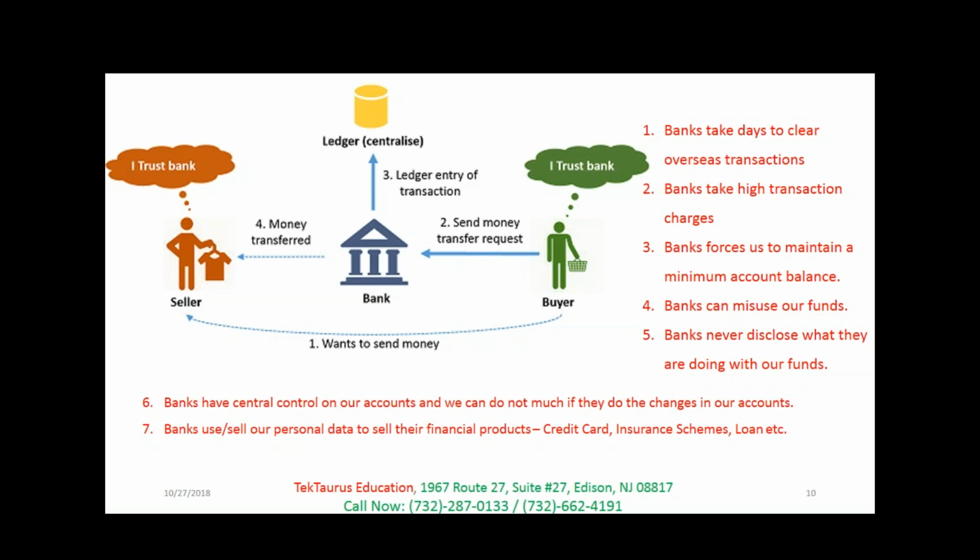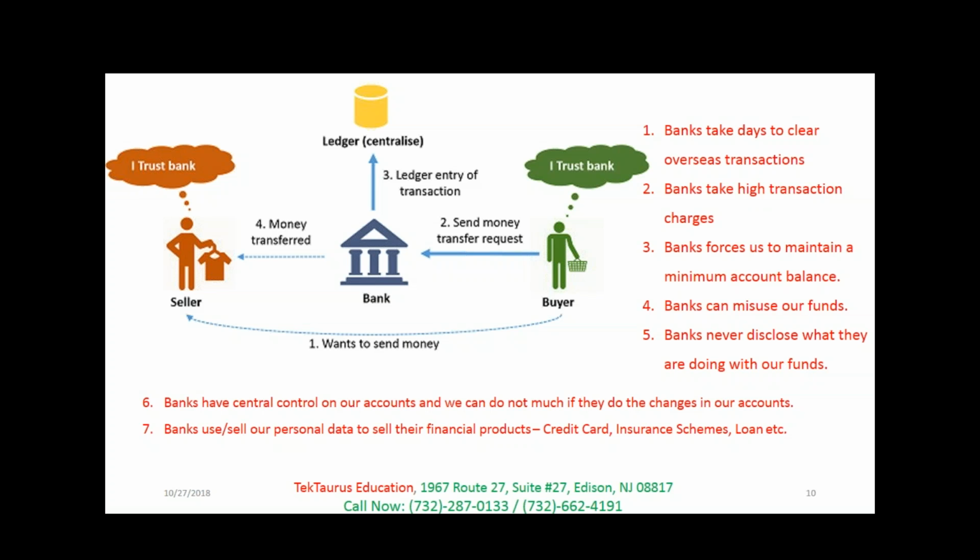Banks never disclose what they are doing with our funds. Suppose we have deposited some cash in our account, then the bank obviously will not keep that with them. They will lend that money somewhere else, but we never know to whom our money is lent. Banks have central control over that. They will never disclose that your money is given to this person. Also, it is not practical. Even if they wish to disclose, they cannot.